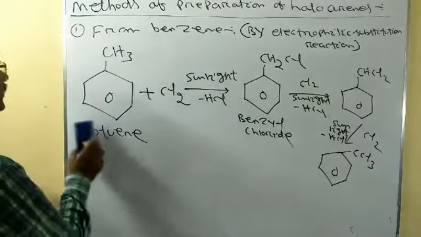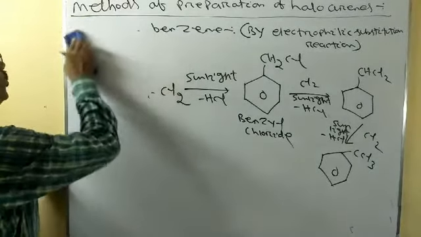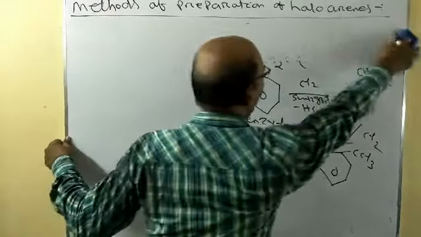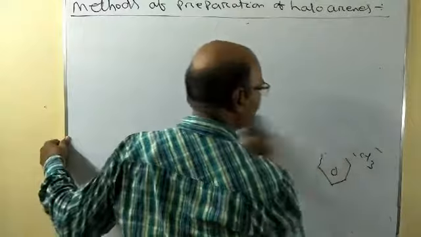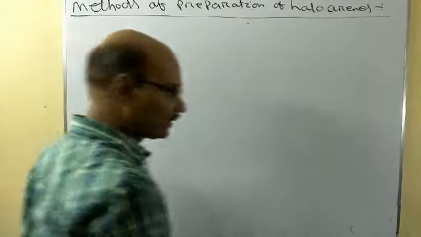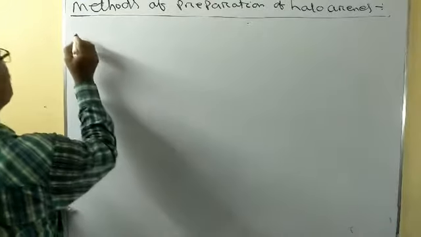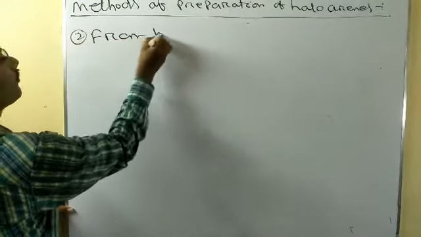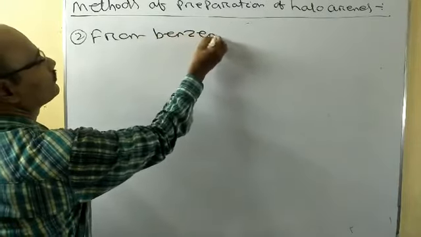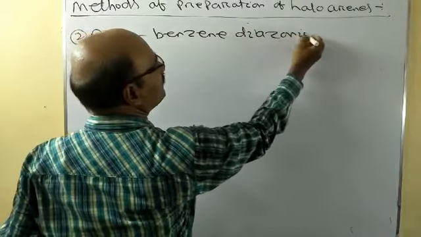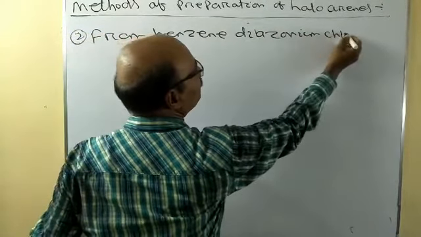Now we will discuss how we can obtain haloarenes from benzene diazonium chloride. Number 2, from benzene diazonium chloride.